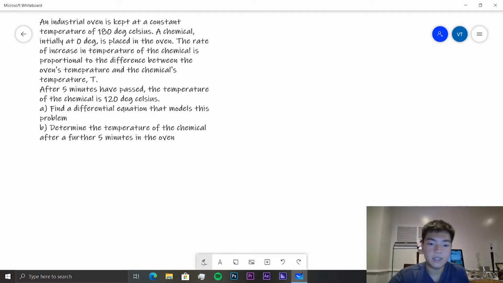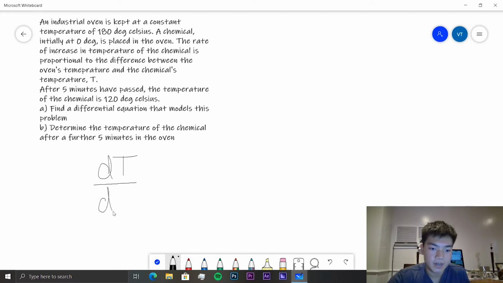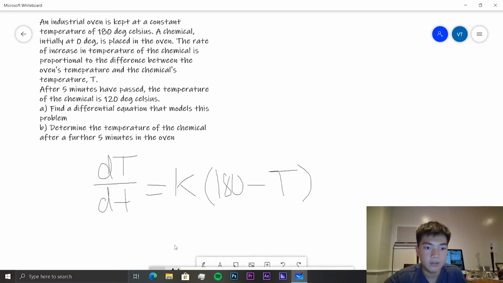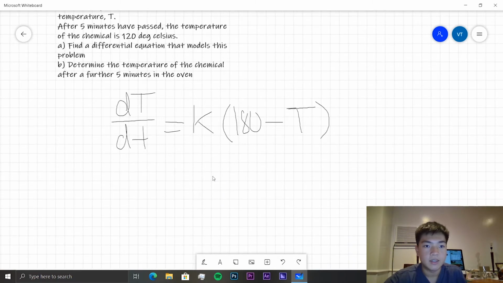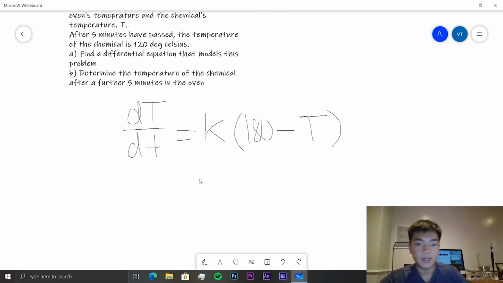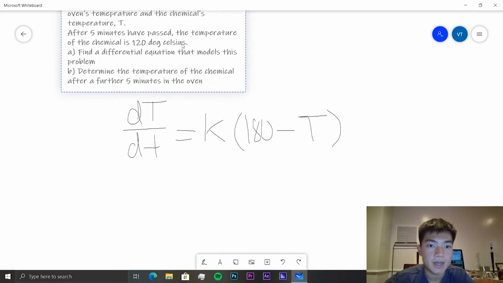The rate of increase in the temperature of the chemical, which is dT over dt, is proportional to the difference between the oven's temperature and the chemical's temperature, T. So it's k times the oven's temperature, which is 180, minus the chemical's temperature, T. So this is a differential equation that models the problem. And we need to find out what k is.